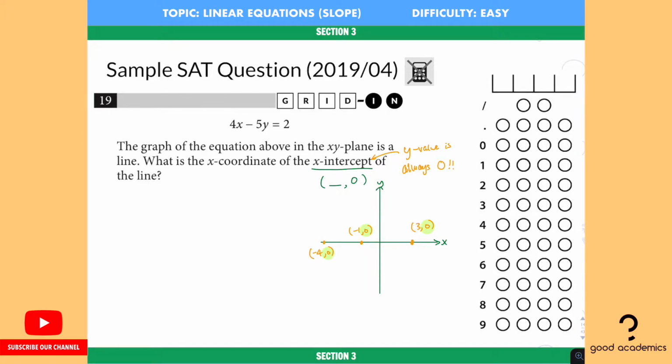Always, always, always. Now, for beginning students, or if you're not very good at math, you may be thinking, okay, I'm going to memorize this. Don't. Please don't. Because if you memorize this, I guarantee you that you will mix up the x-intercept and y-intercept.